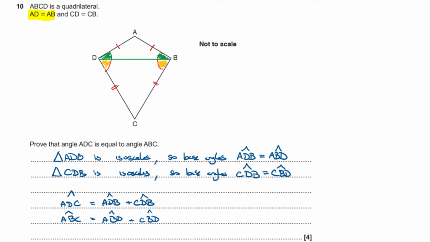So we've said that angle ADC is this one plus this one, and angle ABC is this angle and this angle, and they're equal to each other, so therefore these two angles must be equal to each other. So ADC equals ABC.